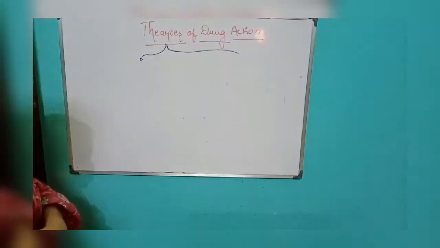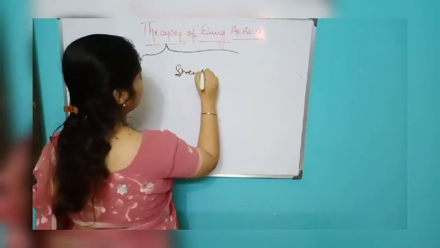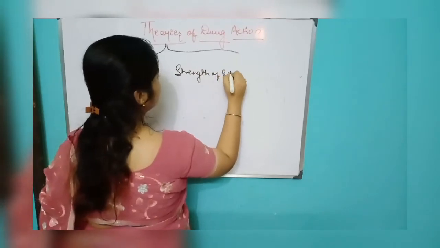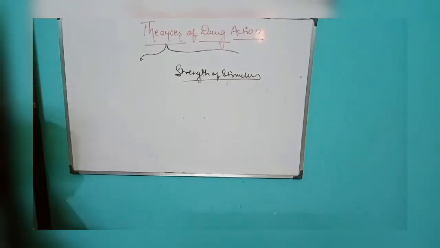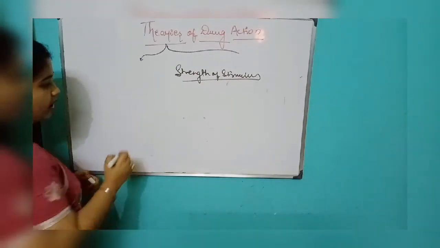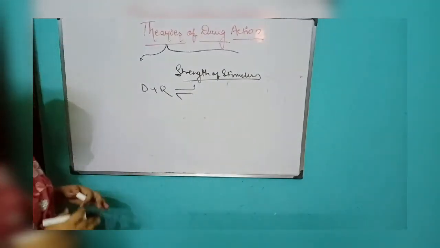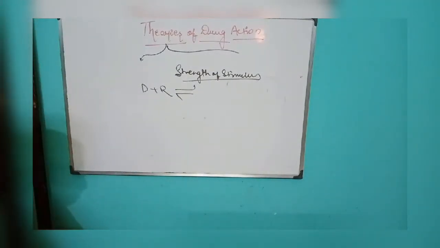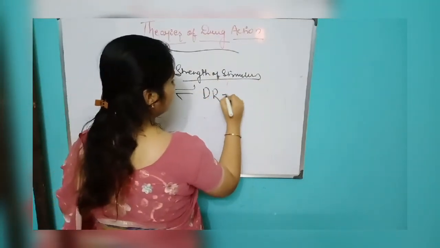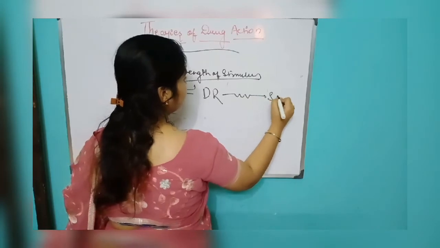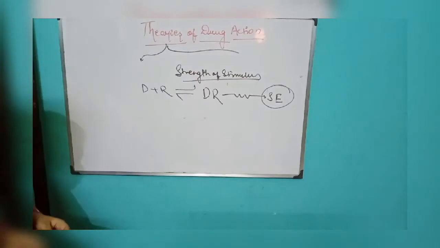Now come to your strength of stimulus. What is strength of stimulus? It is drug plus receptor; understand it very properly. Drug plus receptor gives you the drug-receptor complex, which gives you the stimulating effect. This is the strength of your stimulus.